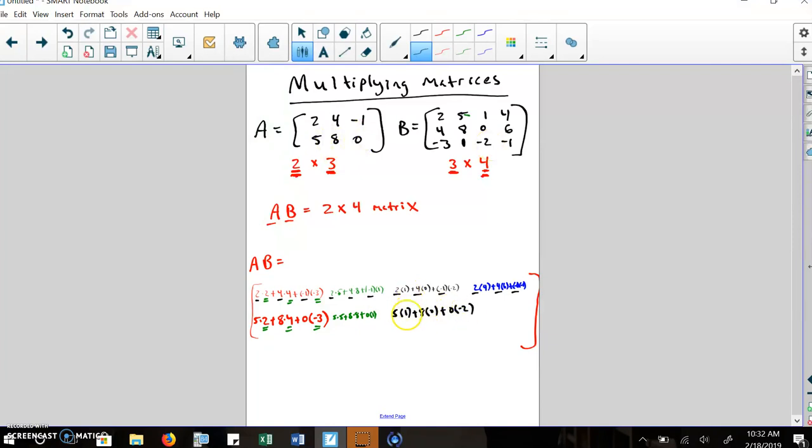Again, these are matching: 1 and 1, 0 and 0, negative 2 and negative 2. And last but not least, we'll go second row times the fourth column, so we'll have 5 times 4, plus 8 times 6, plus 0 times negative 1 right here. And again, 4 and 4, 6 and 6, negative 1 and negative 1.